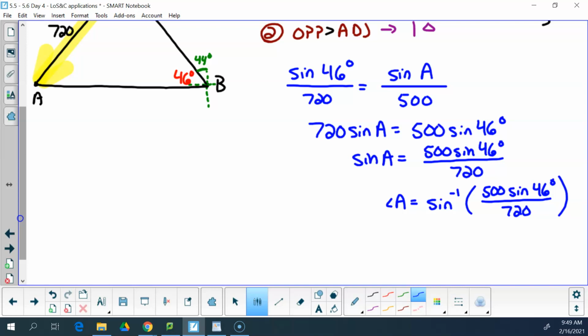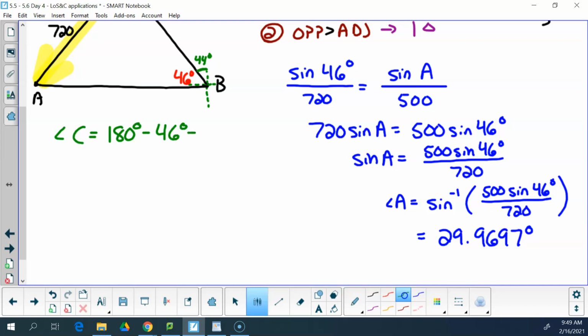Did you get one? Oh, okay. What do you got? Yep. Love it. Okay. So then angle C is going to be 180 minus 46 minus that.